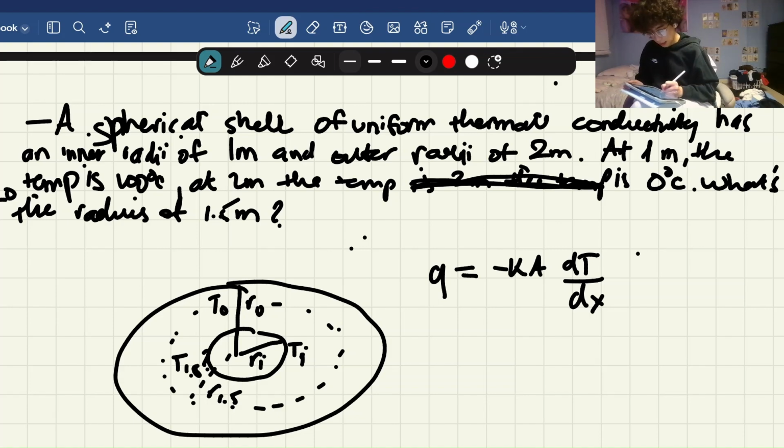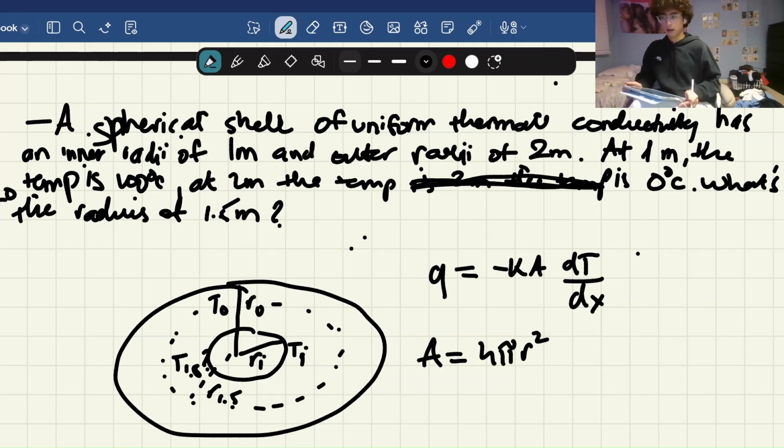So the area is 4 pi r squared, the cross-sectional area of a sphere. We can substitute that value in.